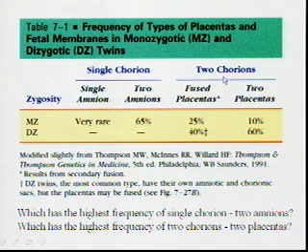In the right 2 columns would be the case where there are 2 chorions. Under the single chorion, we see the single amnion, very rare in monozygotic, and does not occur at any appreciable frequency in dizygotic. And 2 amnions at 65% in the monozygotic case, and virtually 0 cases in dizygotic.